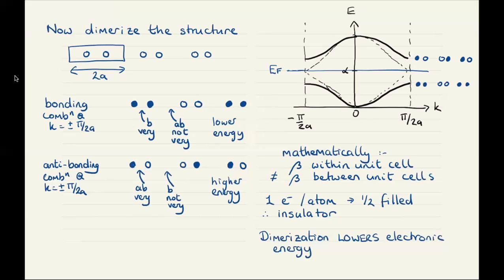Of course, there's a cost to dimerizing, which in terms of the structure, deforming the structure and causing a strain. And so whether a system dimerizes or not, or has such a structural distortion, depends on a balance between the lowering of the electronic energy and the structural strain energy cost.